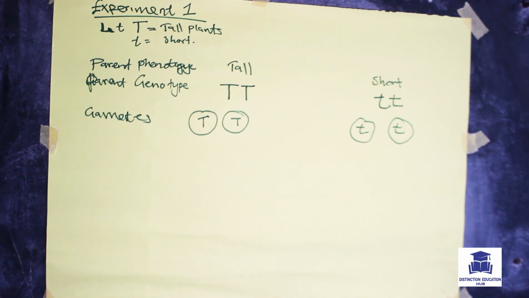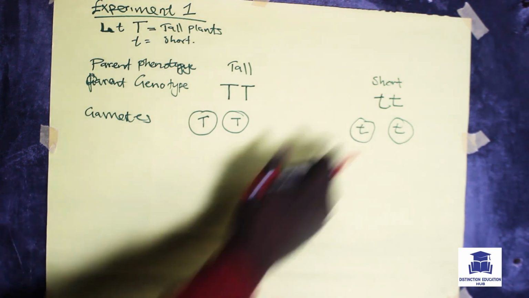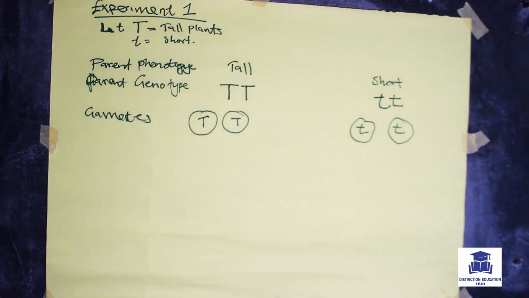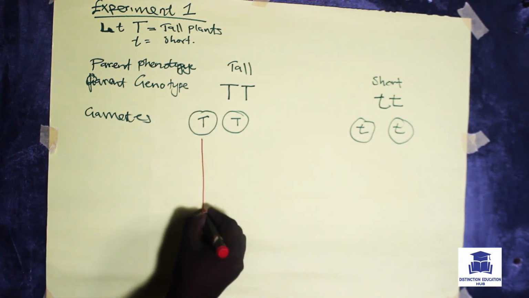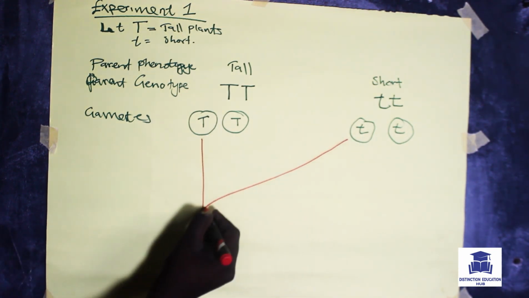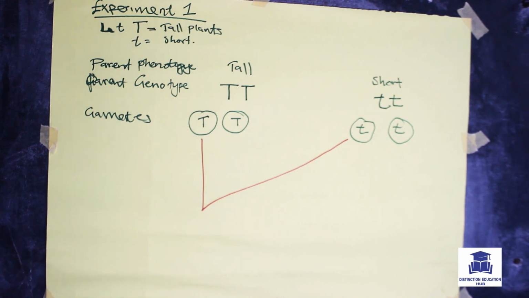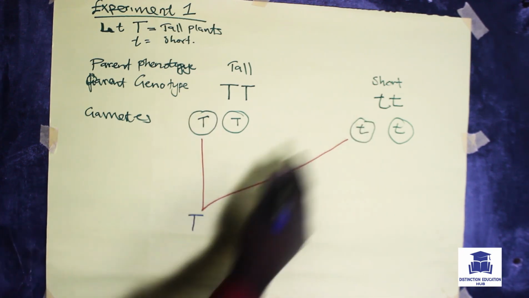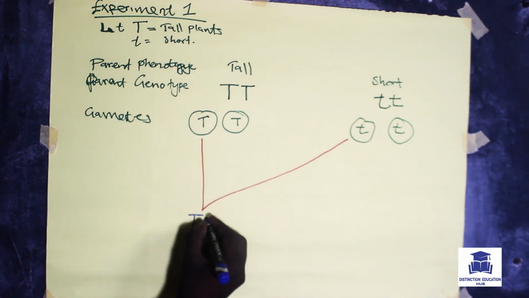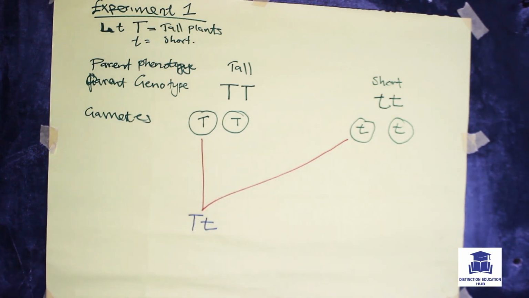Now we'll do some crossing. The first gamete will cross with the first gamete of the short parent. When that happens, what are we having? We have T and t, tall and short, as our first offspring.